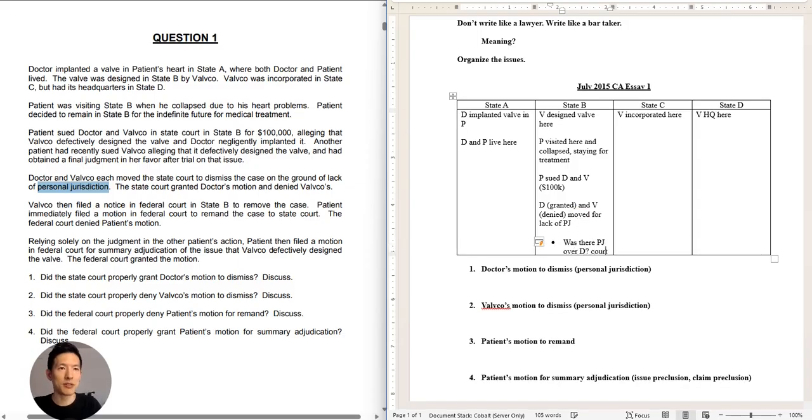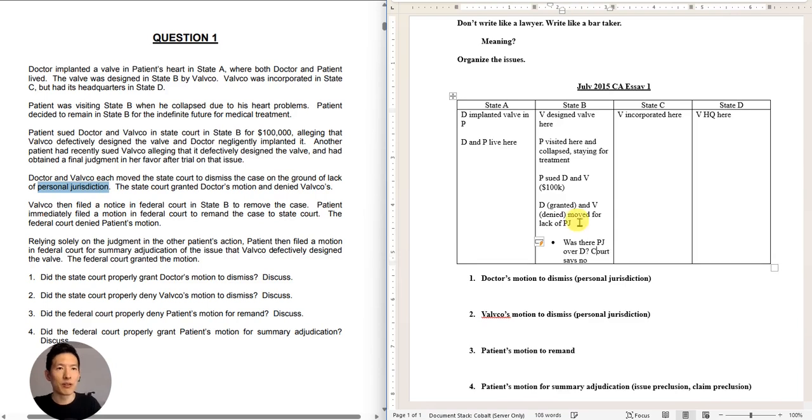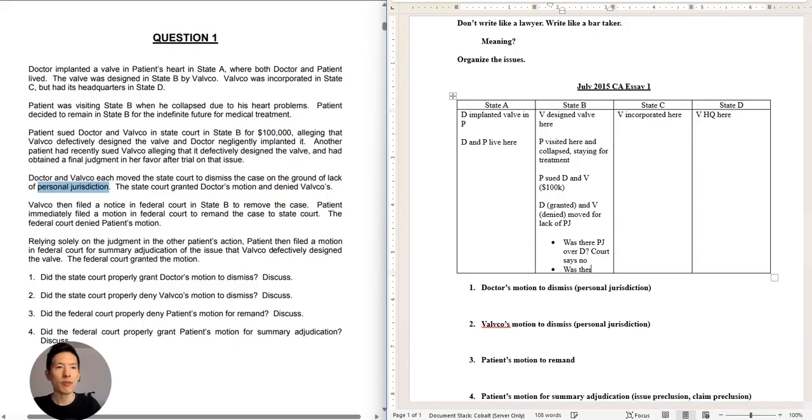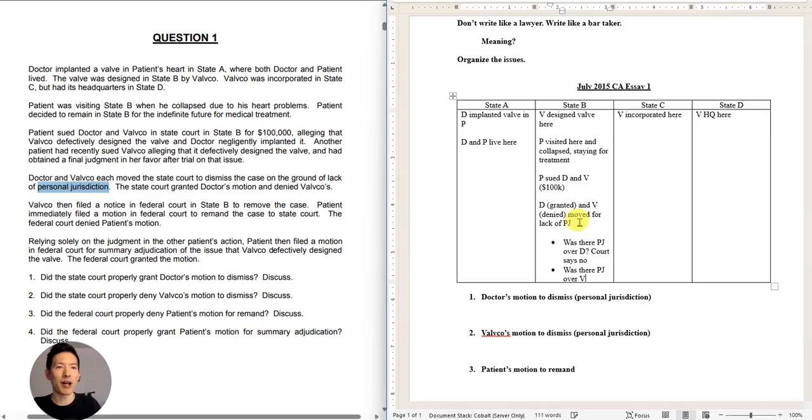Court says no. So we want to figure out whether there was personal jurisdiction over the defendant, that is, whether there was a lack of personal jurisdiction. In which case, the court was correct, and if there was personal jurisdiction, then the court was incorrect. We'll do the same thing for Valveco.